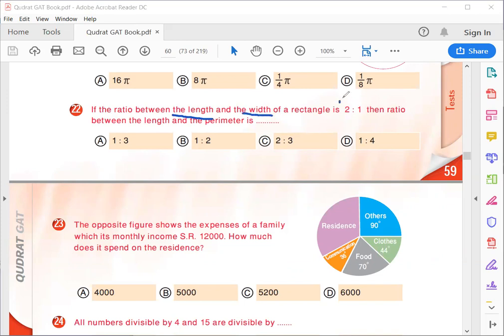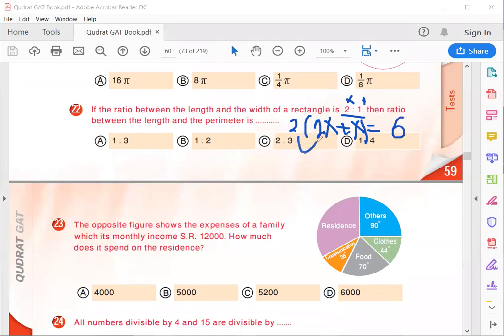So here I multiply by 2. I suppose, because I have 2 and 1, I put 2x and 1x. So 2x plus 1x, multiplied by 2, equals 6x, right?